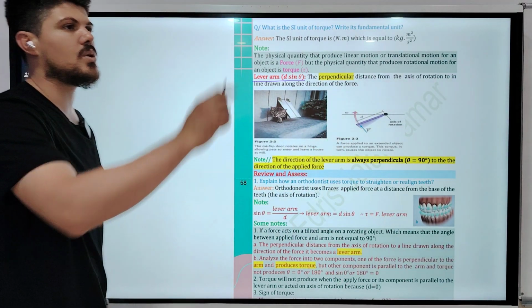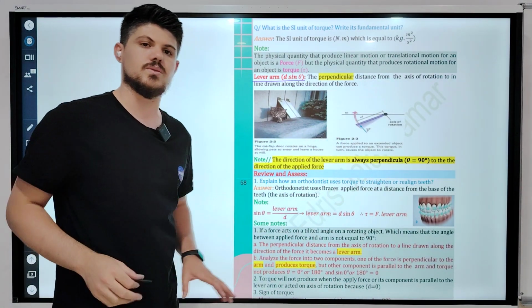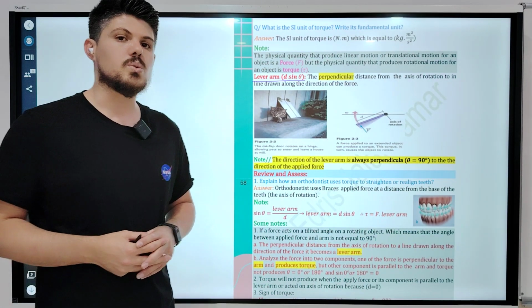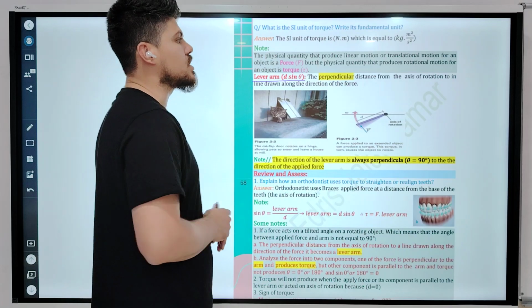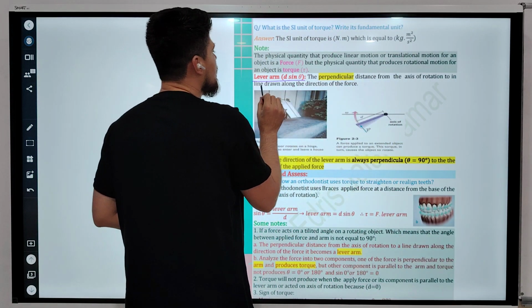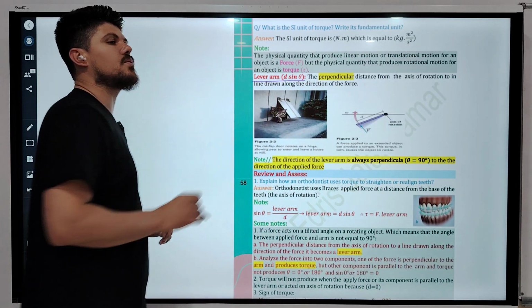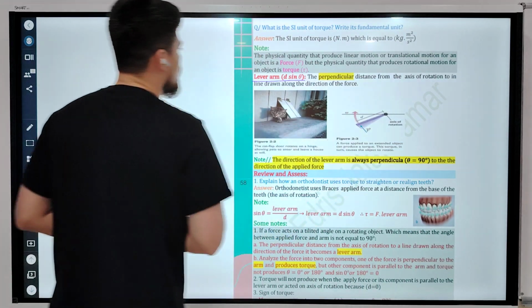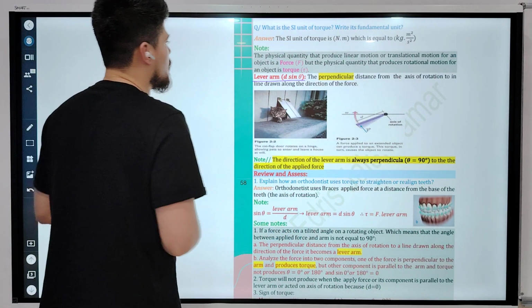Now I'm going to prove how and why the lever arm is always perpendicular to the extension of the force. It is the perpendicular distance from the axis of rotation to a line drawn along the direction of the force, or the extension of the force.